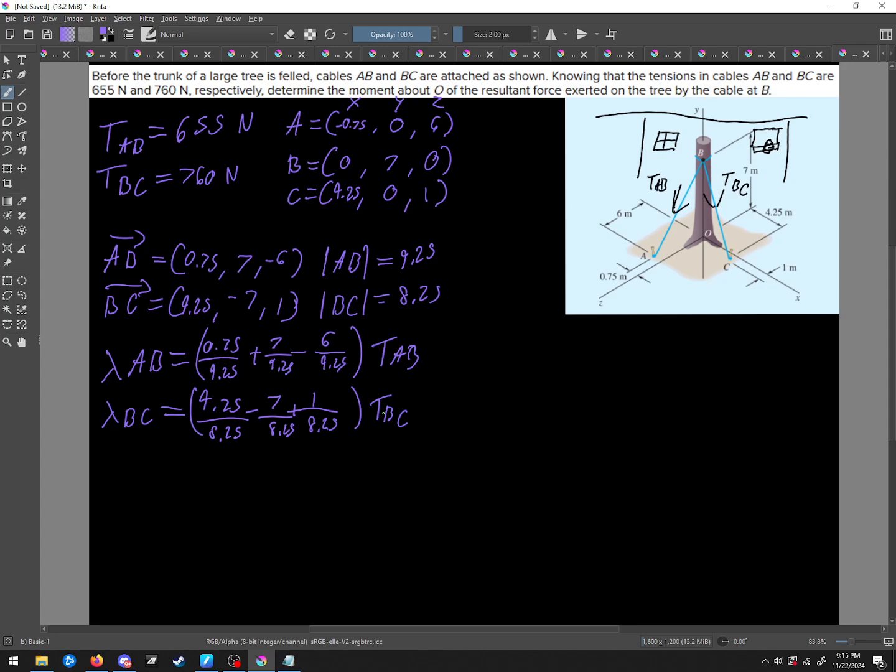We have TAB and TBC, and we have the force directions in i, j, and k hat. The forces, we need to know the distances. I think that's where I'm really getting stuck here now.